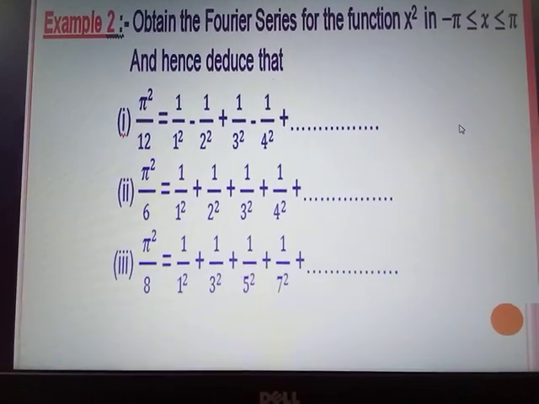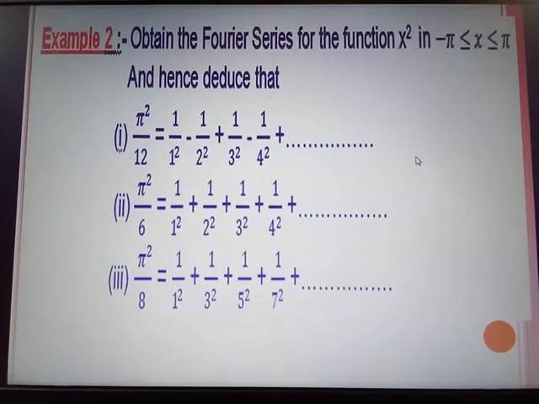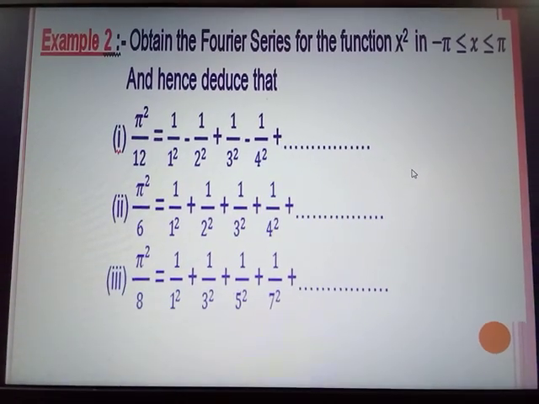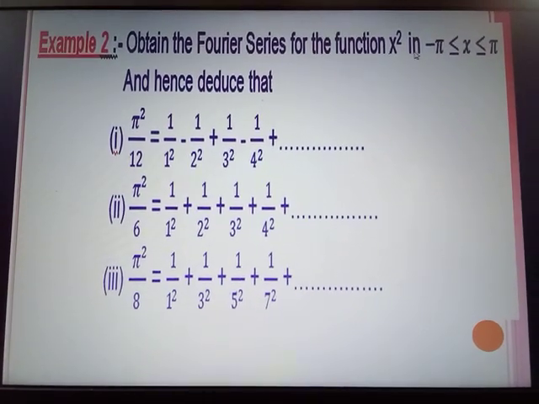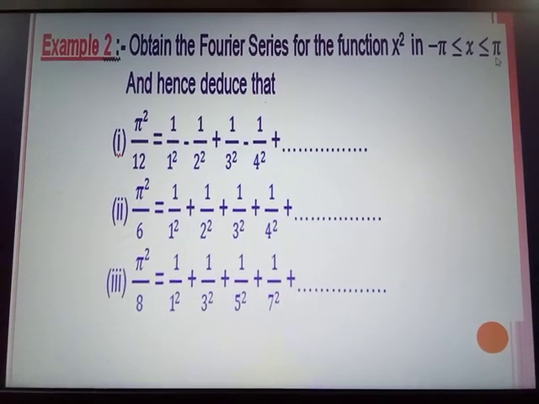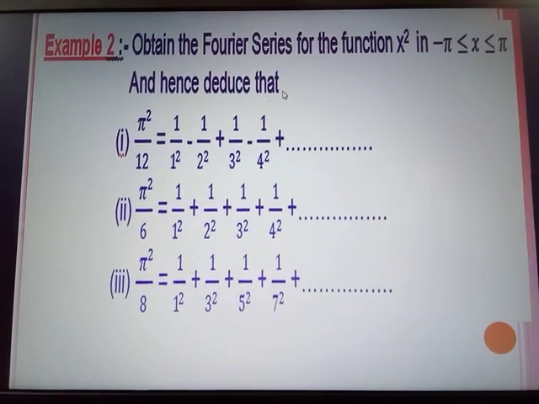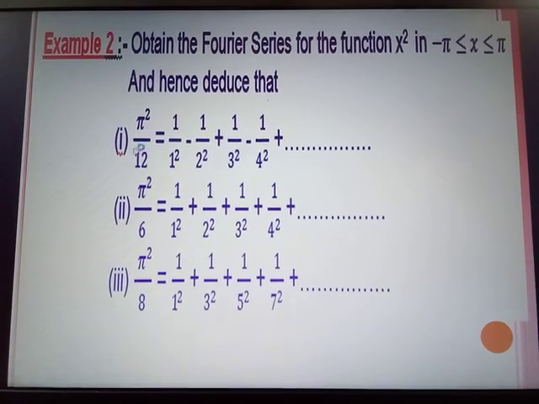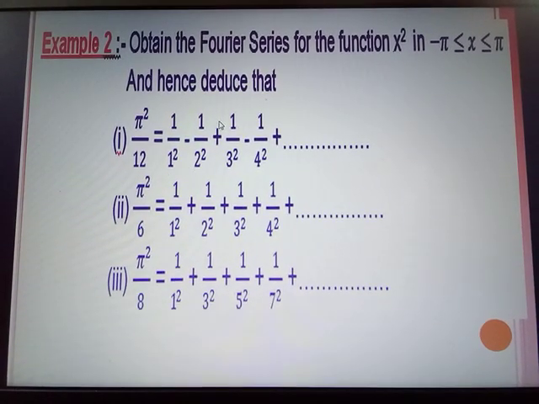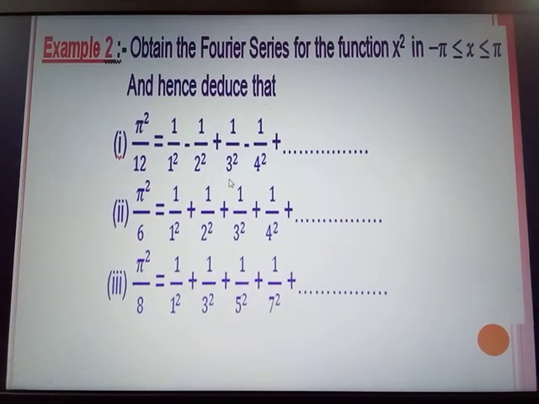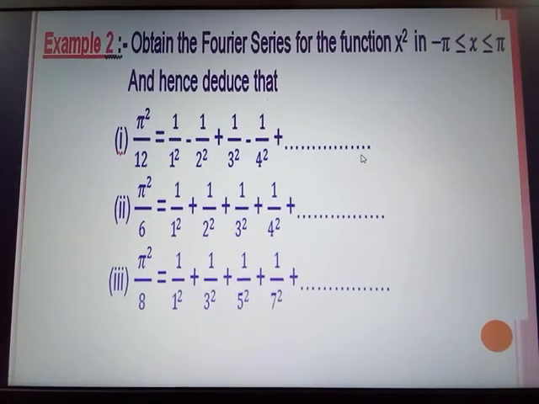Second example is: obtain the Fourier series for the function x square in x lies between minus pi to pi, and hence deduce that pi square by 12 is equal to 1 by 1 square minus 1 by 2 square plus 1 by 3 square minus 1 by 4 square plus and so on.